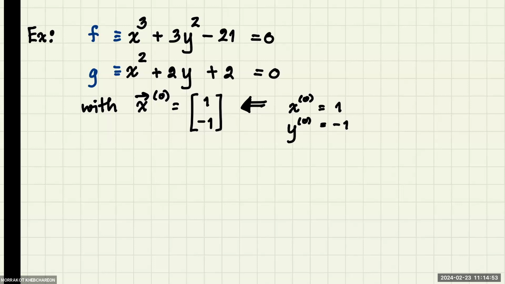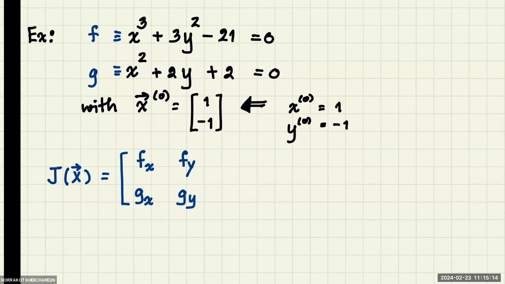The first step, I will find what we call the Jacobian matrix. The Jacobian matrix is going to be 2 by 2. So it's going to be df by dx, df by dy, dg by dx, dg by dy.